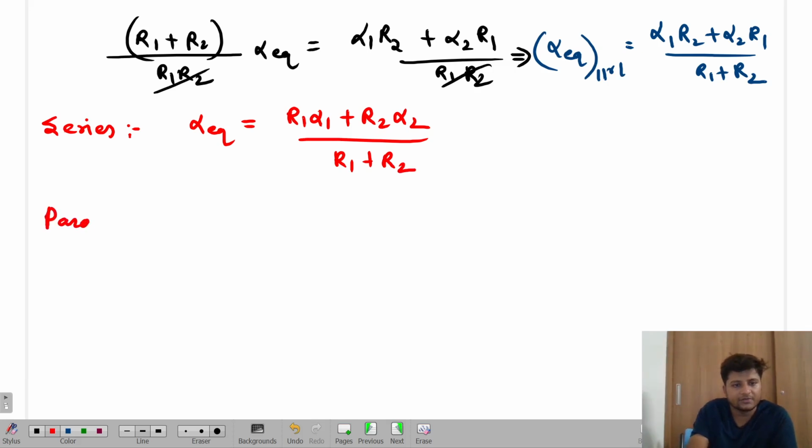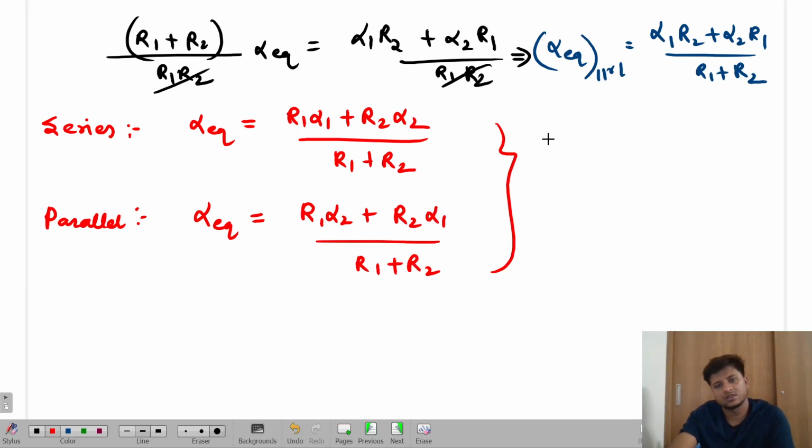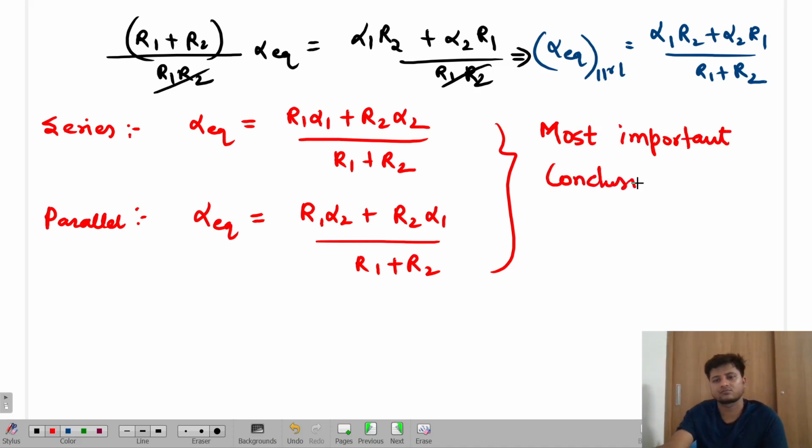But when I consider my parallel connection, it is R1 alpha 2 plus R2 alpha 1 divided by R1 plus R2. This is one of the most important conclusions based on temperature. Is that clear or not?